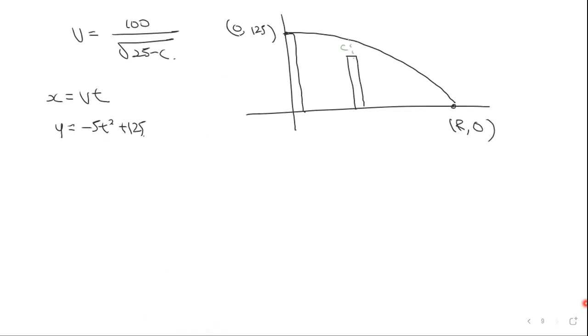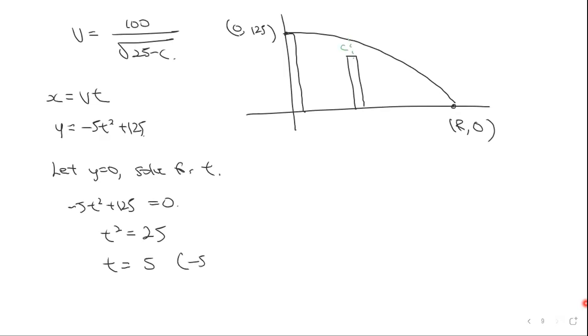So typically, how do we find range? We let y equal 0 and solve for t. So that means, of course, negative 5t squared plus 125 equals 0, meaning t squared equals 25, which means t must equal 5, rejecting negative 5 for t positive.